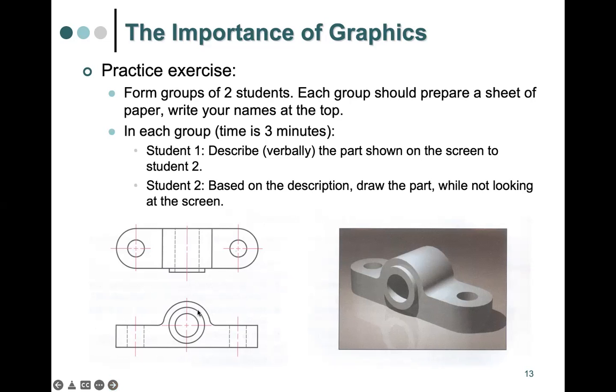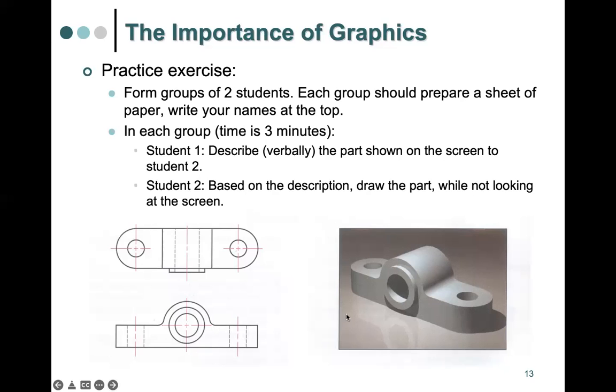Because it is a circle, like a cylinder, it will have a center point, and the convention shows it with lines and a plus at the center point, and then another line like that.